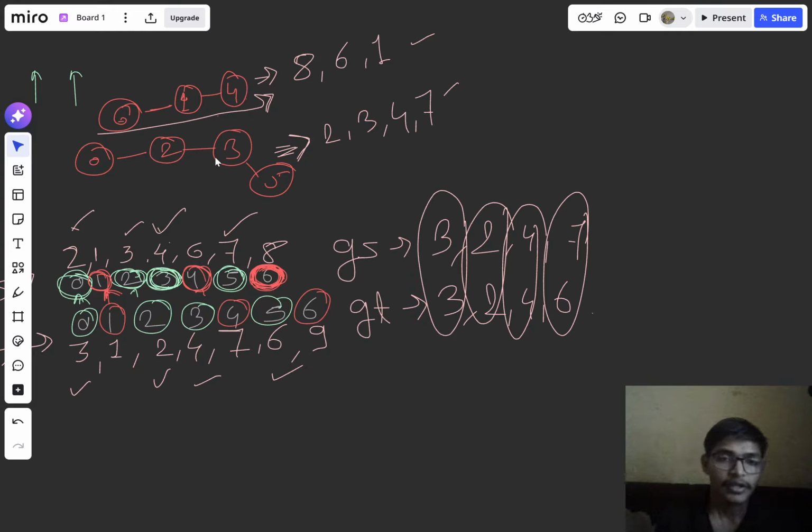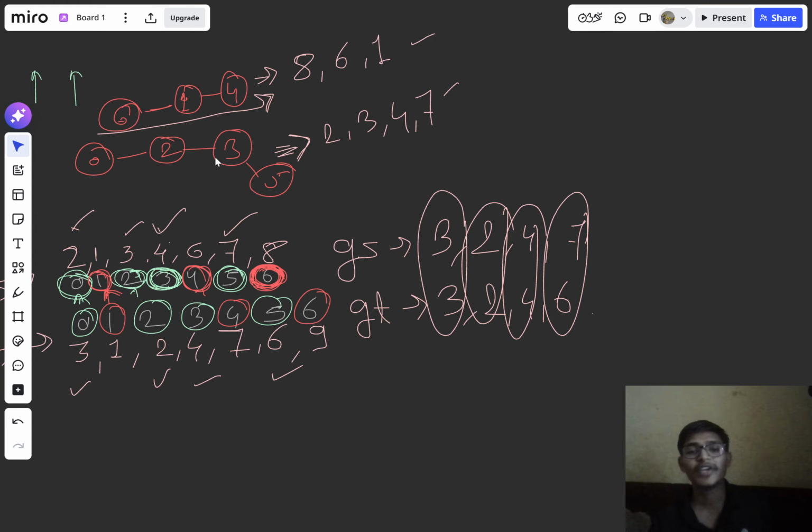Now after making the graph, we consider the indices which are present in one similar graph, because there can be many graphs.